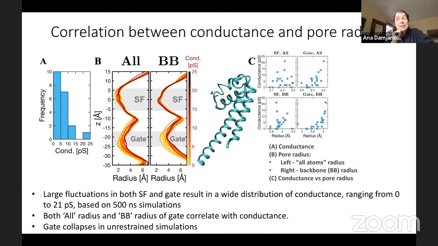Now what happened is that we obtained values that are very different. We got some really small values, and then we got larger values.